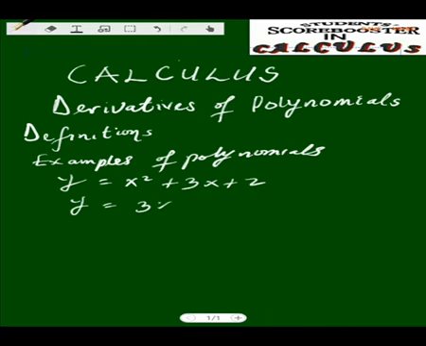Y is equals to 3x squared. This is a polynomial. Y is equals to ax^n plus bx^(n-1) plus, and so on like that. These are all examples of polynomial.